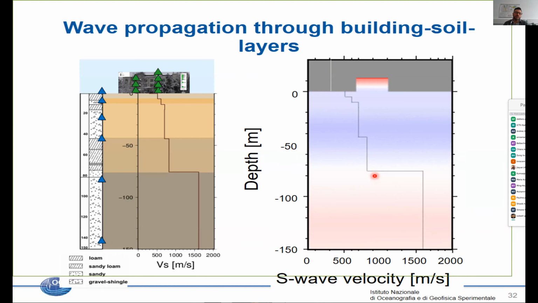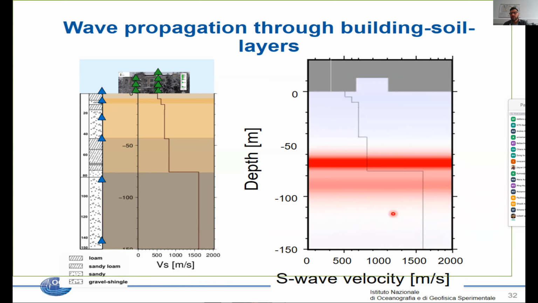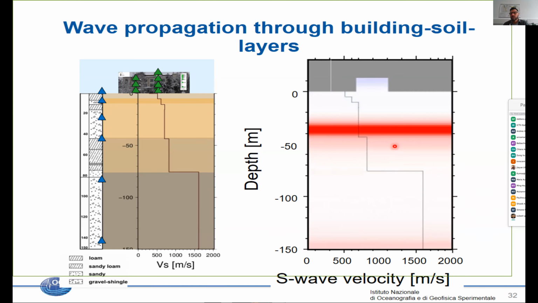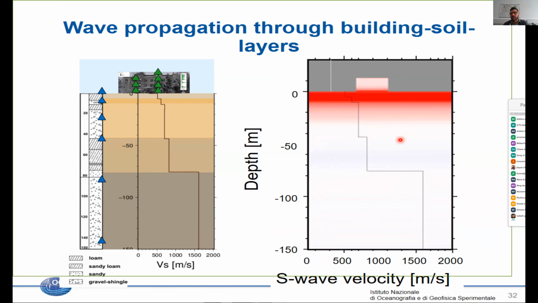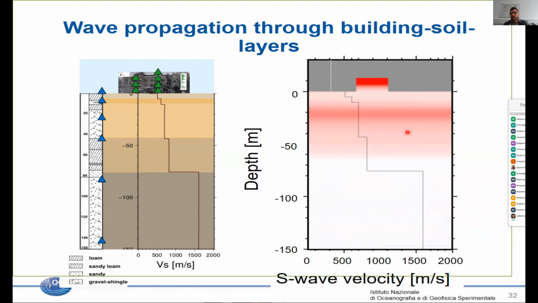So what we are recording in the underground does not depend only on the input from below, like we already discussed when we calculated the theoretical 1D transfer function, but it's also recording the reflection from the top, from the surface.